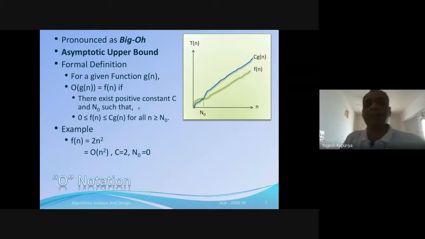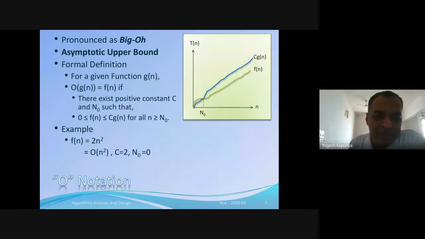Now what does it mean actually? The formal definition goes like this. You have been given a function g(n), this is your given input function. Now you can say that big O of g(n) is f(n) if there exists a positive constant c, this is my c value, and n0, this is the n0 value, such that any value of f(n) is always going to be less than or equal to the value of c·g(n).